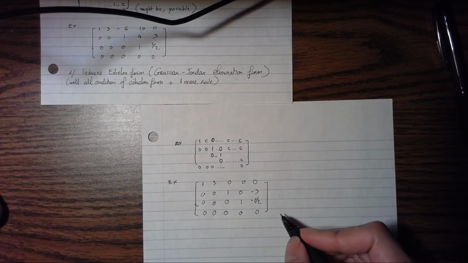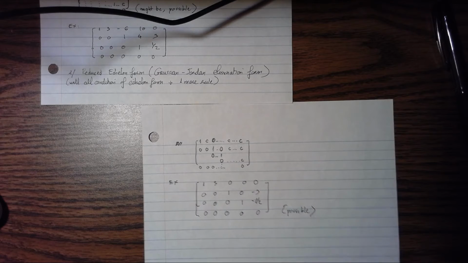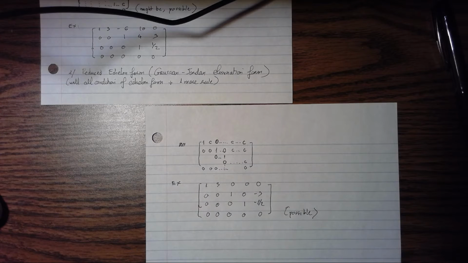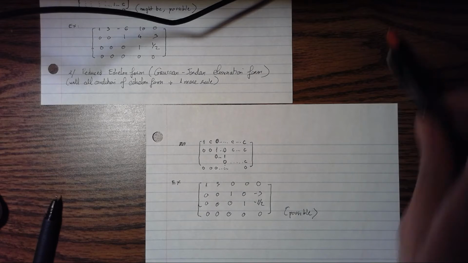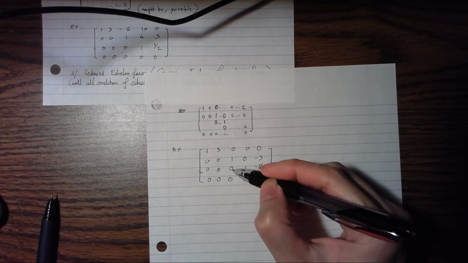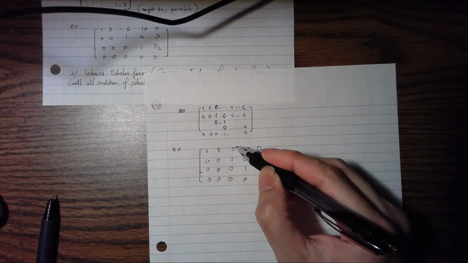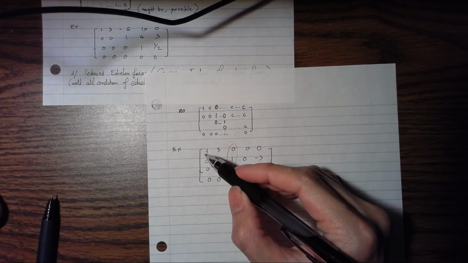And of course this is possible. It's not mandatory to have all 0s at the bottom. However, look at this: you always have 0 above and below each 1, except for the 1 of the first row.